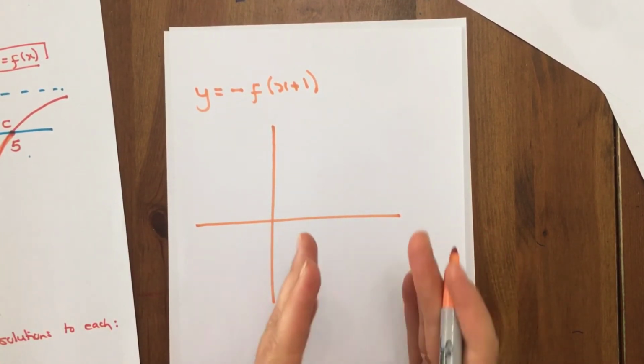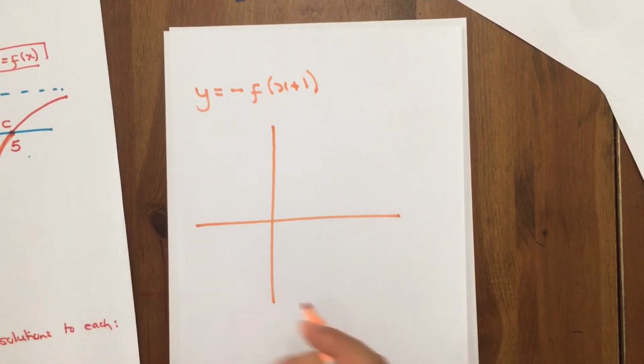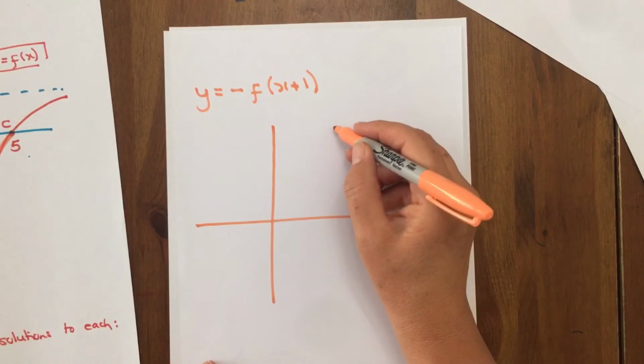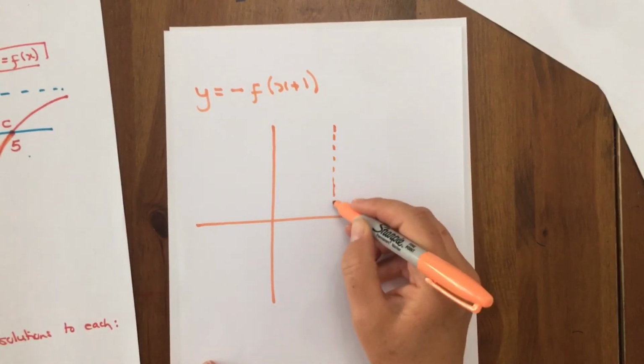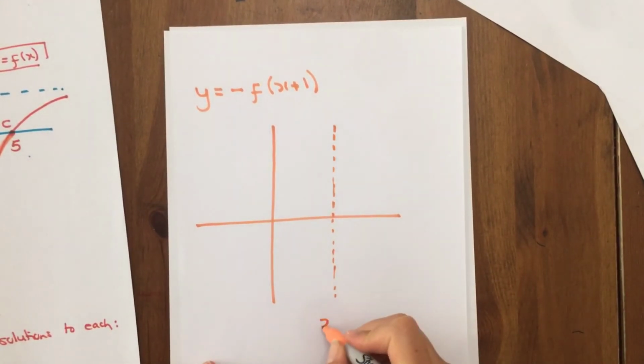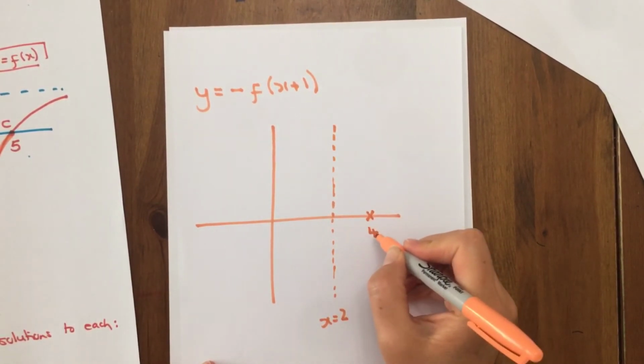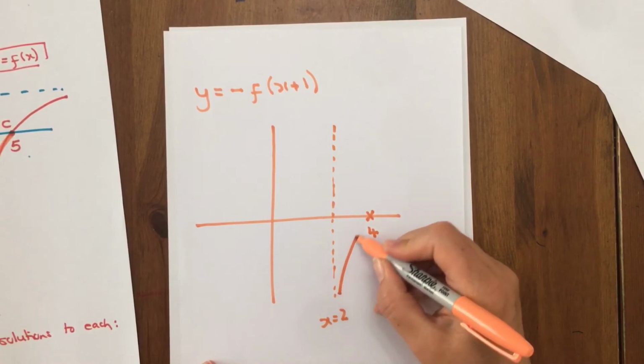Now my x asymptotes will move as well. Okay, so I'm going to have now an asymptote at 2. It was at 3, now it goes to 2. My 5 will go to 4, so this is going to be this part of the graph.